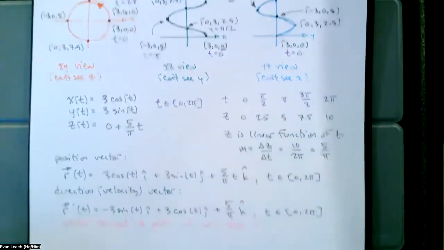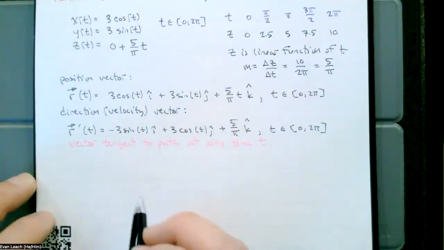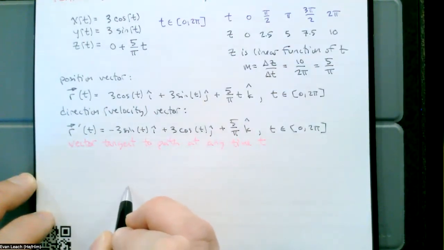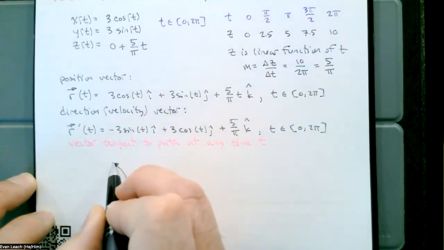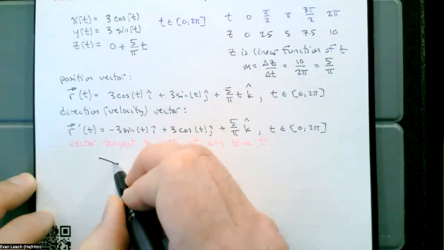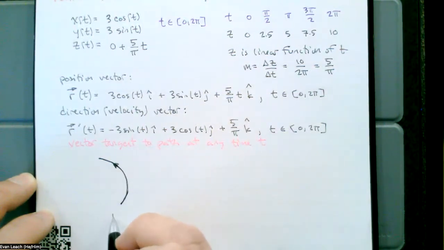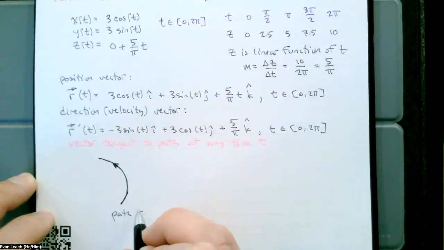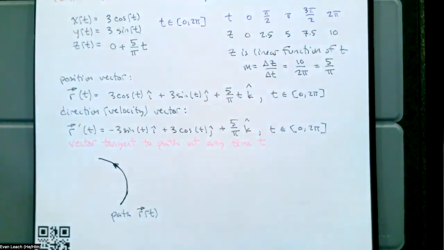What we've got is our path. We've got a path being described by our position vector. And since it's a parameterized curve, it's got some kind of direction.